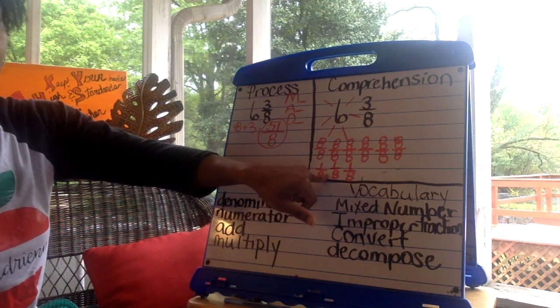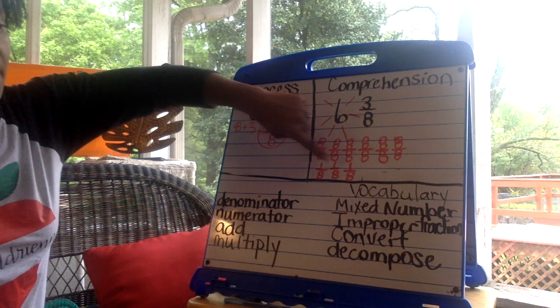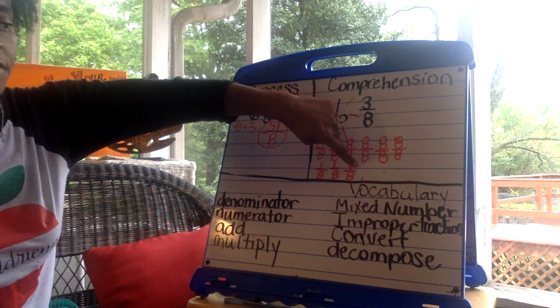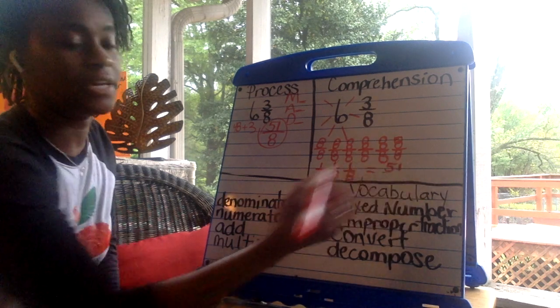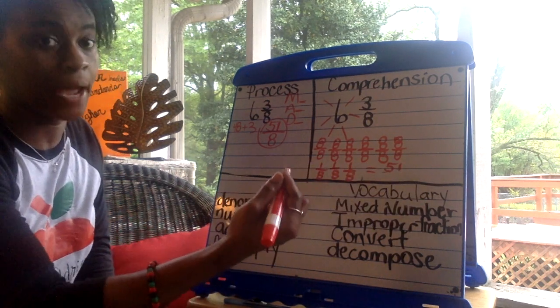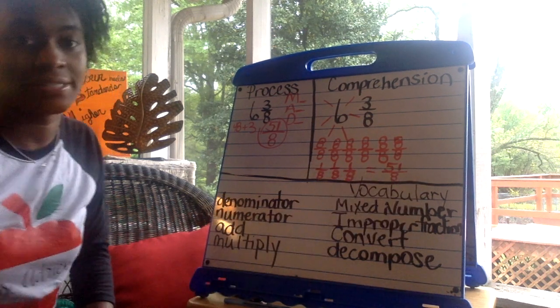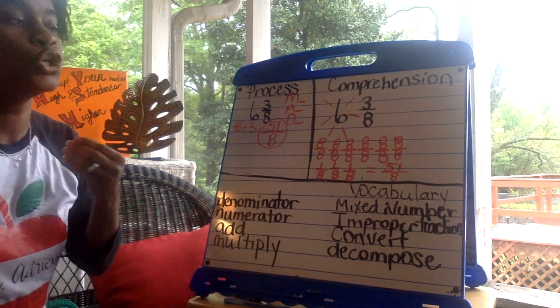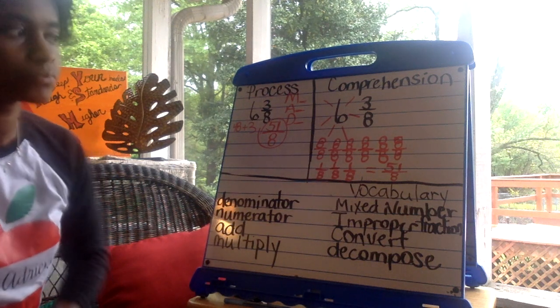Now I need to count from 48, 49, 50, 51. 51 is still my numerator, which is the top number of a fraction, and 8 is still my denominator because you always want to keep your same denominator.